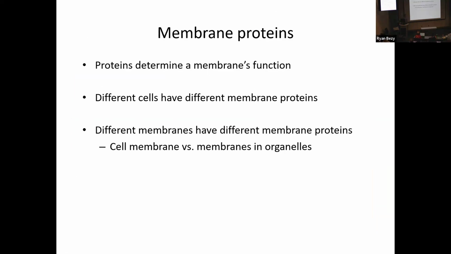All right, membrane proteins are an important part of membranes. Proteins often determine a membrane's function. Different kinds of membranes might have different proteins with different functions, which gives the membrane an overall different function as well. And you can have different membranes, and we're going to talk about this when we go through cell structure. For instance, you can have the cell membrane, or what is referred to as the plasma membrane more specifically. But you can also have internal membranes inside of the cell.